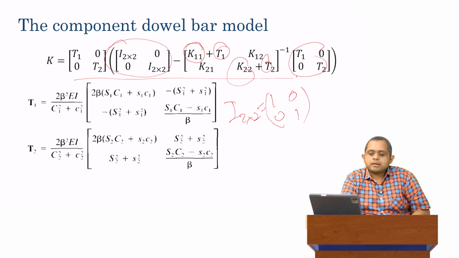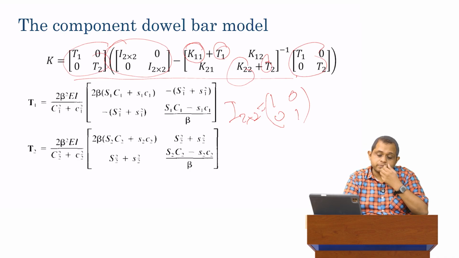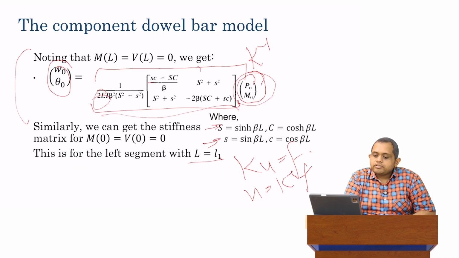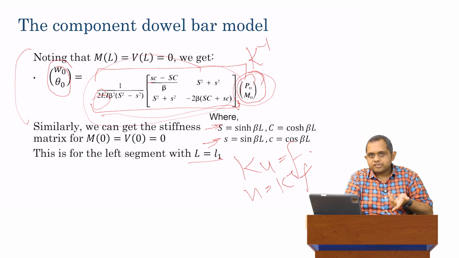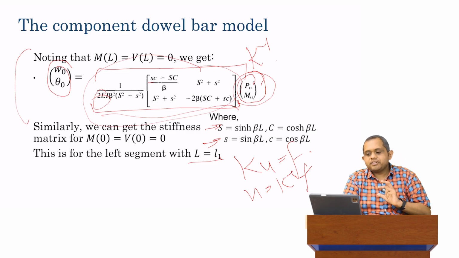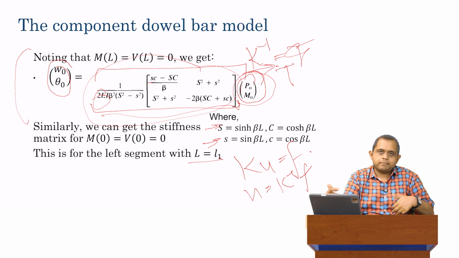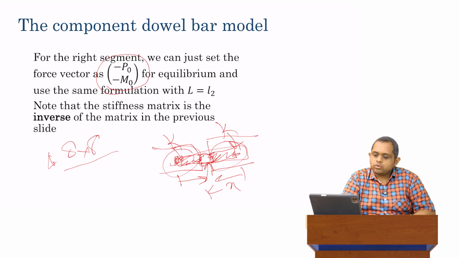And similarly, we have some matrices which consist of T1, T2. T1, T2 is actually, if we go back to this, what I defined as the inverse of a stiffness matrix. And therefore, the stiffness matrix itself is actually T1, T2. So if I define this as T, if this is K inverse, then basically T is K. So T in this case is equal to K over here.